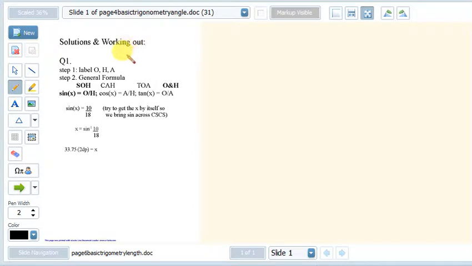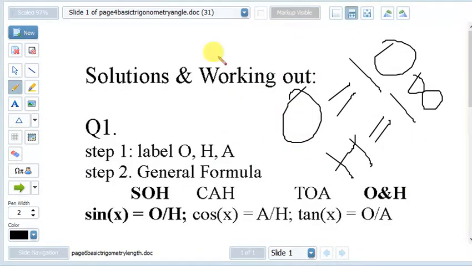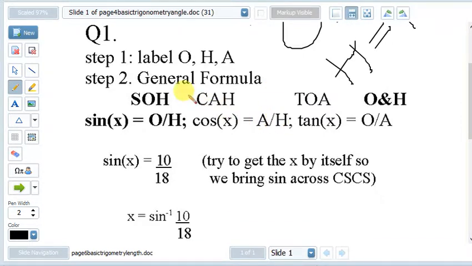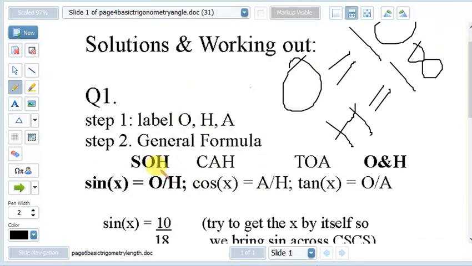Okay, so opposite is 10 and hypotenuse is 18. Okay, so then what we do is we write out our formula, SOHCAHTOA, and we're after the one with O and H in, which of course is SOH.